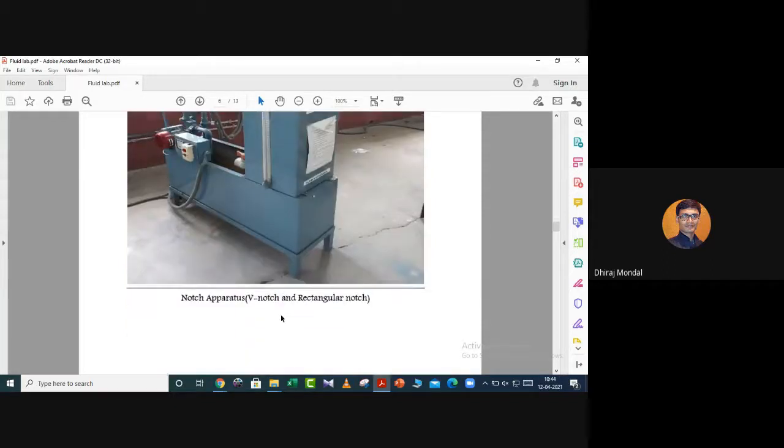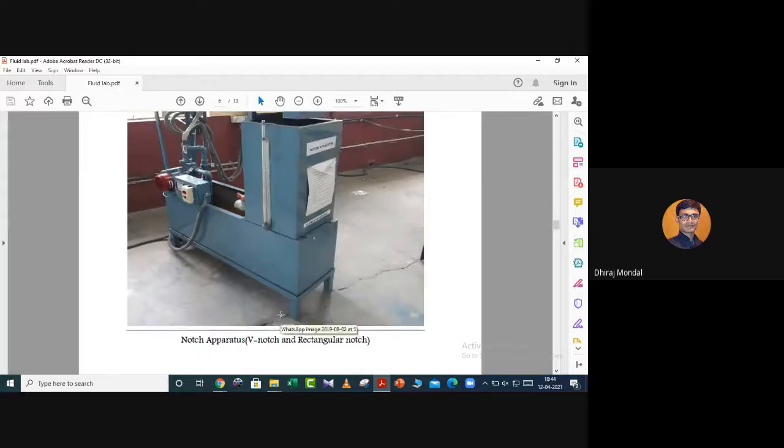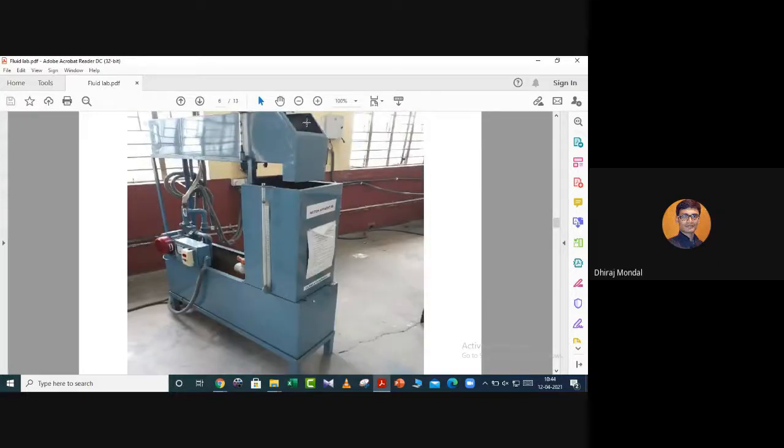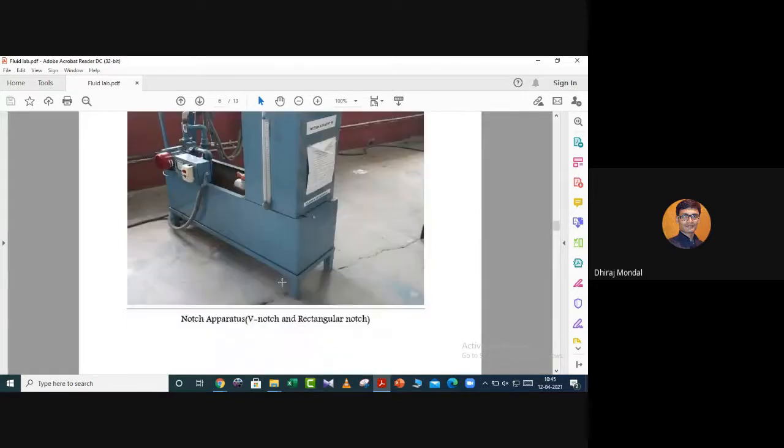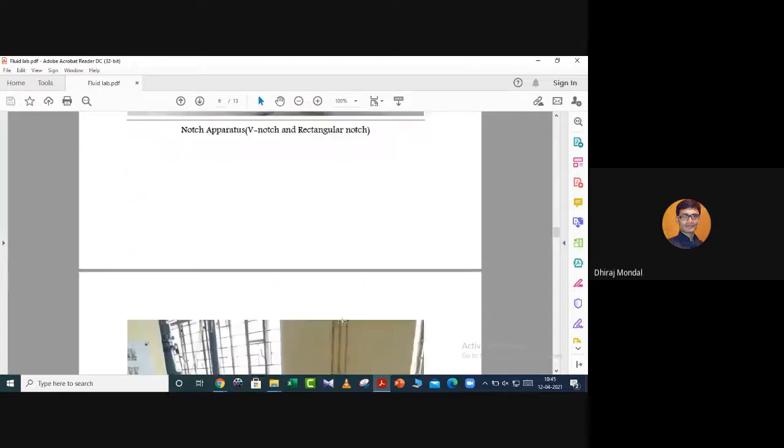So this is all about the V notch and rectangular notch. Basically, the arrangement will be changed. It may be rectangular, it may be triangular, so it is adjustable, it can be changed. When the V notch is completed, then the rectangular notch will be adjusted there.